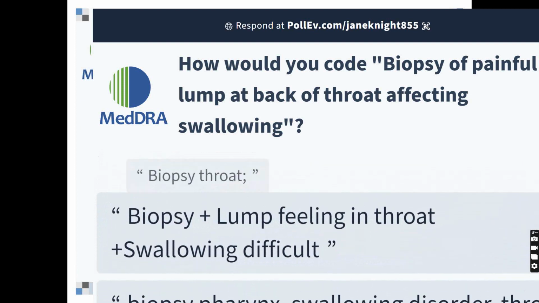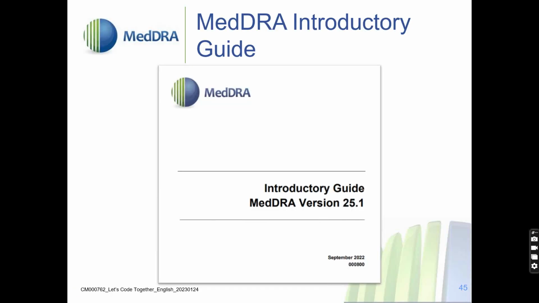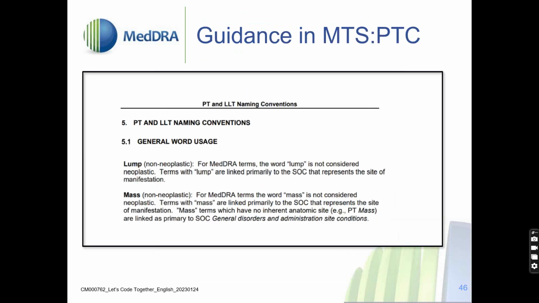I'll move on. I think I've allowed you enough time for that one. So I looked at the MedDRA introductory guide with this one for some guidance, because lumps and bumps and masses are notoriously challenging to code because of what's actually being referred to by them.